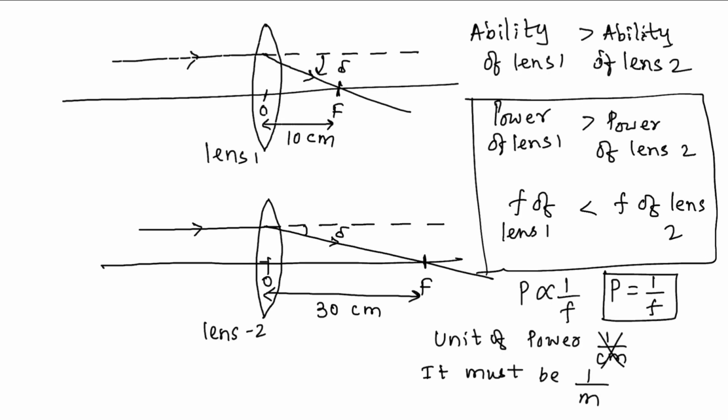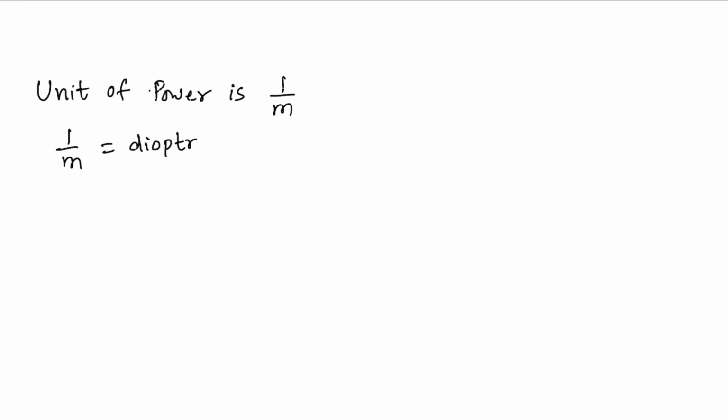So from this we can conclude that unit of power is 1 upon meter. But 1 upon meter is also known as diopter, capital D. So unit of power is diopter, and that is the SI unit of power.